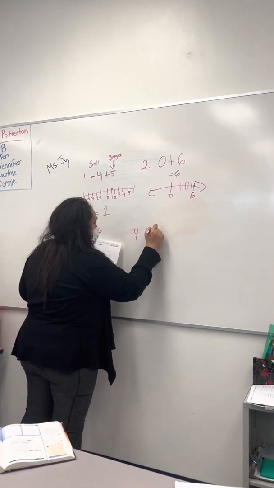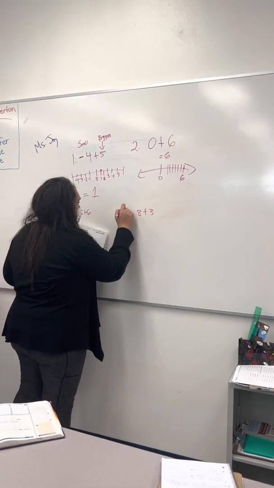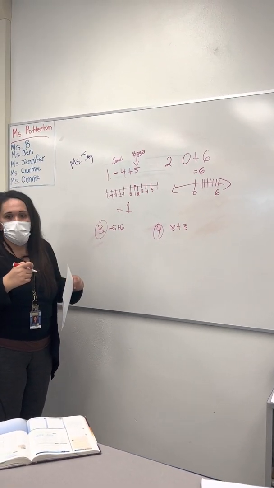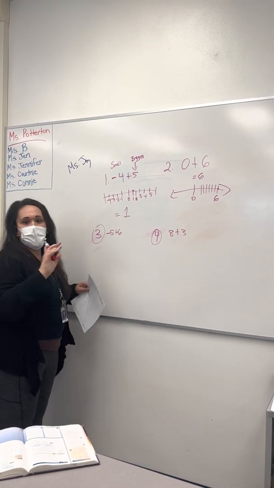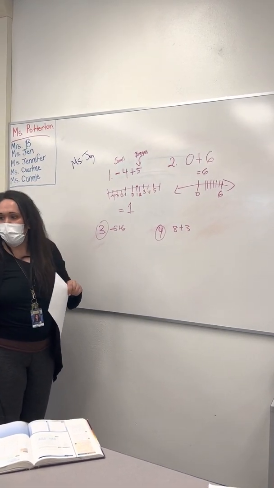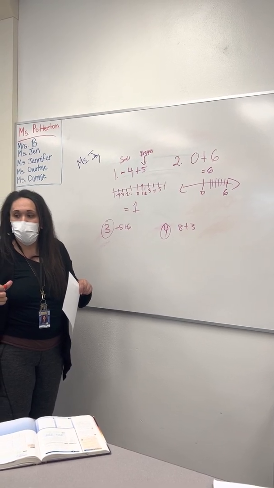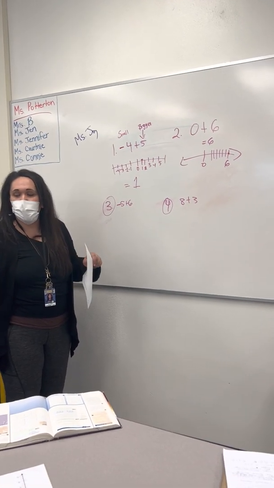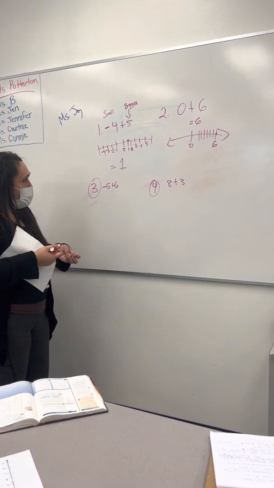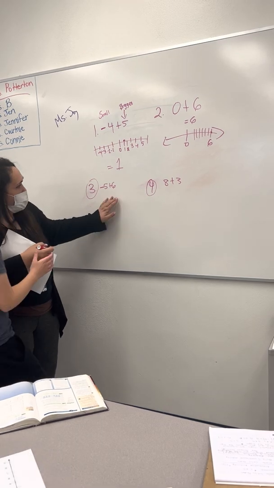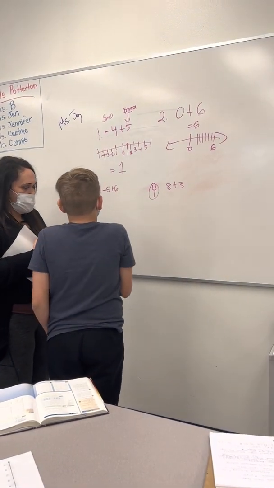Number 2 is 0 plus 6. So you're writing 2. All right, so Aiden, you want to come up first? Aiden and Giselle. Both of you guys, come on. So you're gonna do number 3, Aiden, and Giselle's gonna do number 4. Okay?